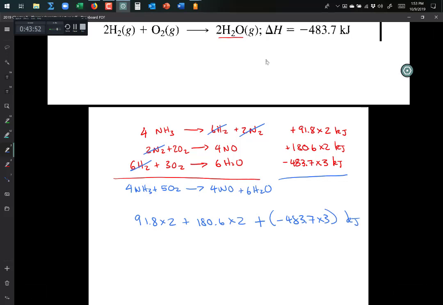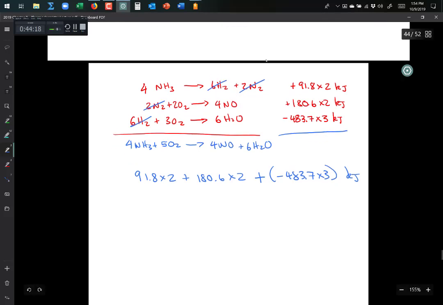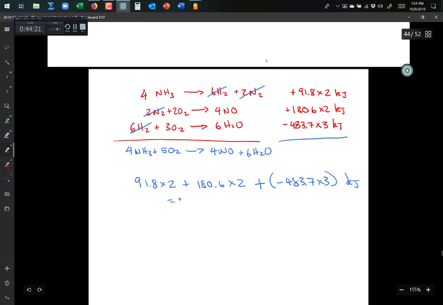Find each section, add it together. So 91.8 times 2 plus 180.6 times 2. That's 544 minus 483.7 change sign times 3. That's a big number. Let's see if I did it right. 1,995.9 kilojoules. Yeah, let's keep that as a 660.